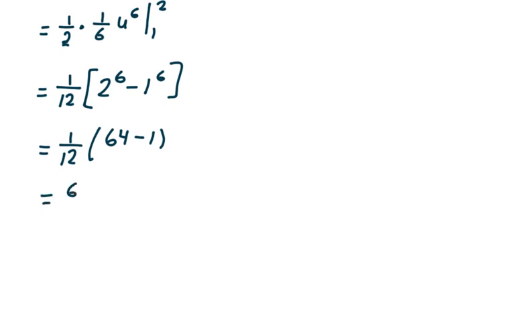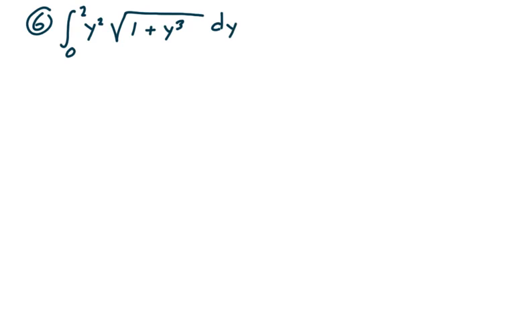But this is equal to 63 over 12. Now, if I divide the numerator and denominator by 3, I'm going to get 21 divided by 4. And that's how we do problem number 5.